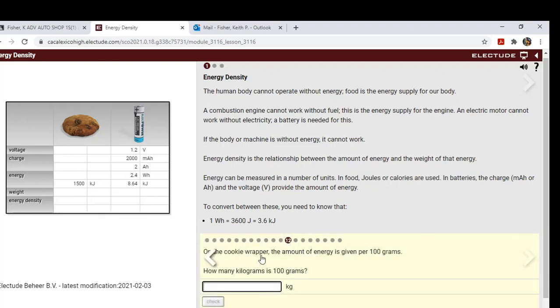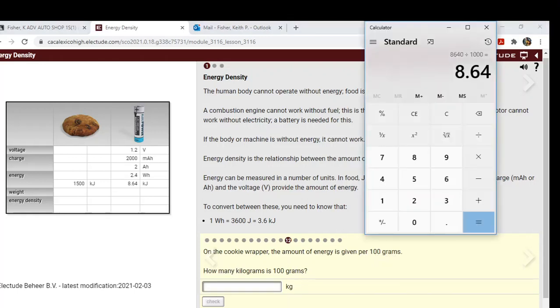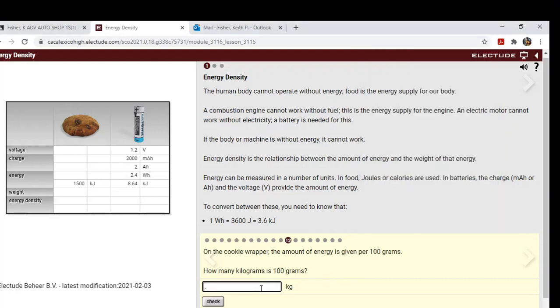All right, on the cookie wrapper, the amount of energy is given per 100 grams. How many kilograms is 100 grams? The equation for this one would be 100 divided by 1,000, because we're going to kilograms. Remember, kilo is 1,000. So 100 divided by 1,000 is 0.1 kilograms.